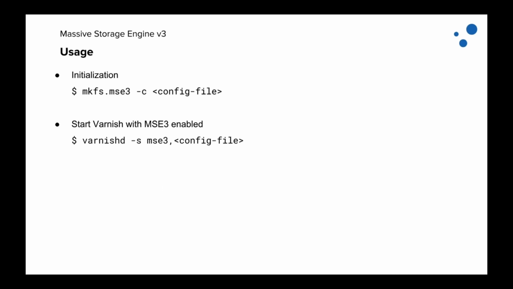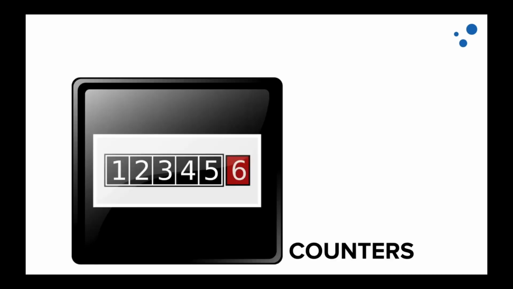It may be propagated automatically by setup scripts or something to your servers, and there are no separate steps. That was a bit cumbersome in the previous version. And then for the Varnish daemon, you just specify the type of stevedore, MSE3 in this example here, and then give it the configuration file previously prepared.